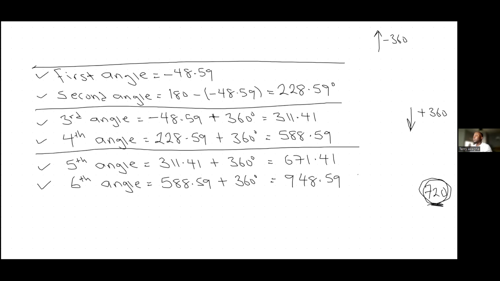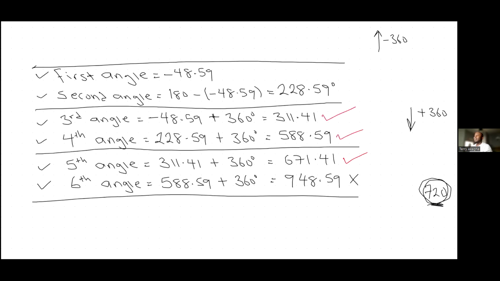So we're going to reject this. Are you seeing it? So that means on the positive side, the only values that we need are 671.41, 588.59, 311.41, okay?